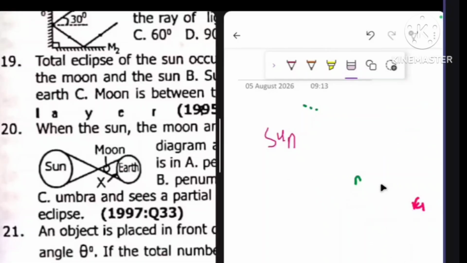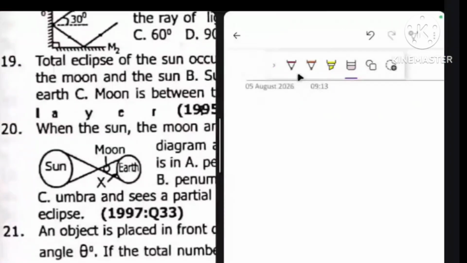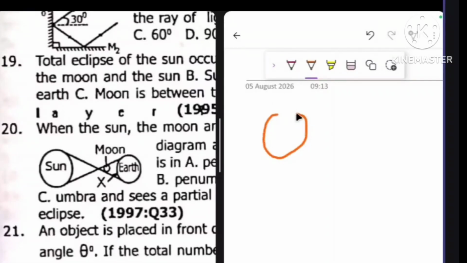Okay, let me redraw. Yesterday in the discussion we had, we discussed eclipses, and I told us about two types of eclipses. Now, let's redraw that diagram here. And now let me use the approximate sizes of the objects so that we can get our exact answer. So now this is the sun. The sun is big, of course, bigger.